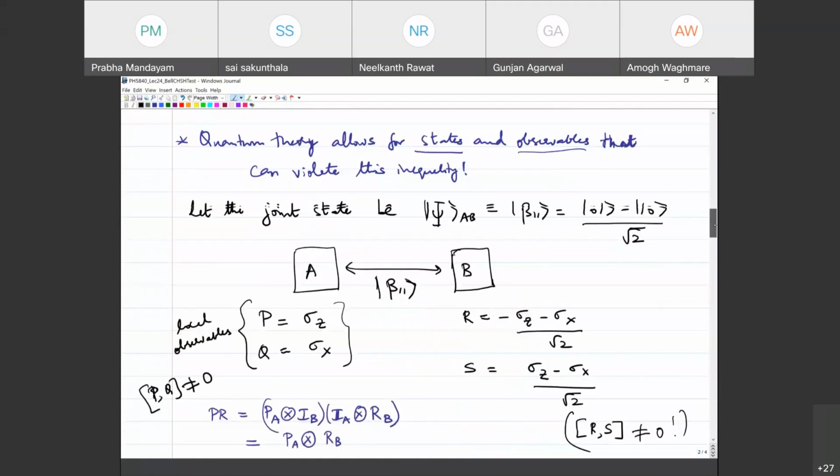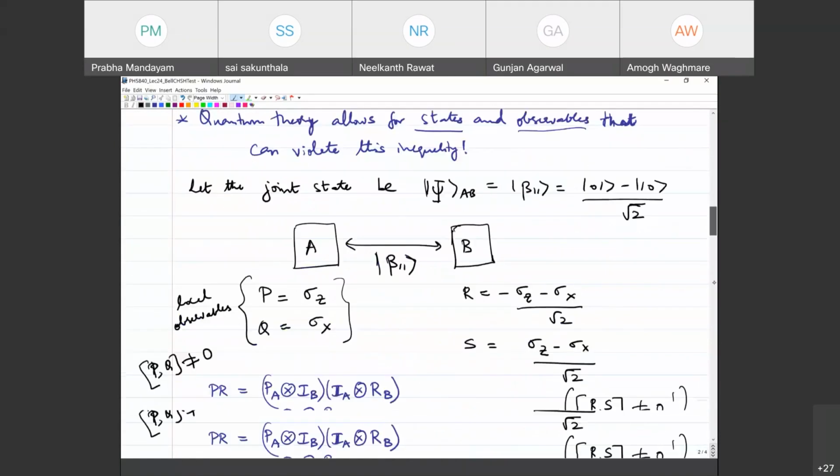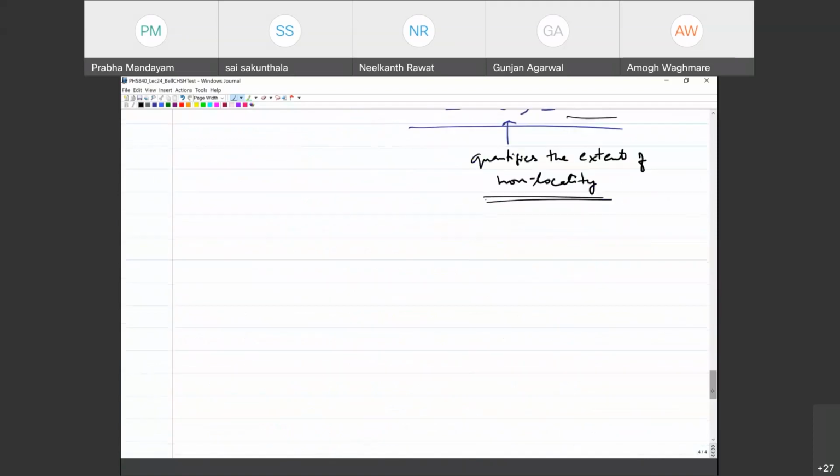Correct. So what do I mean by that? Indeed, good. Quantum mechanically, I can always define the expectation of something like this, say P_A tensor Q R_B, right? That's what I was writing down.